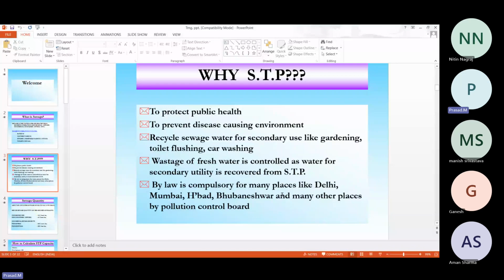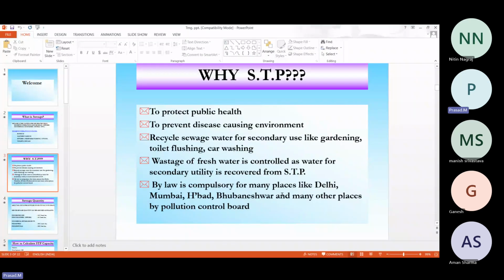If you have an STP, then you can treat that sewage water and use it for gardening. So you can save water, because you are treating the STP water and using it for other purposes like gardening, whereas otherwise you were wasting it.